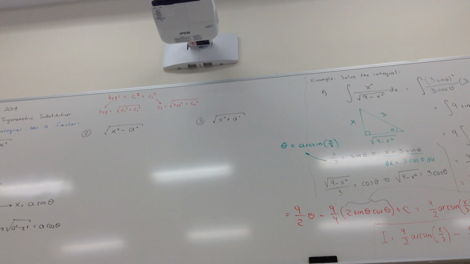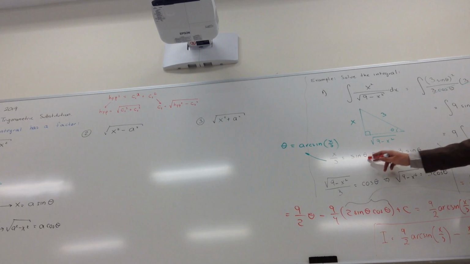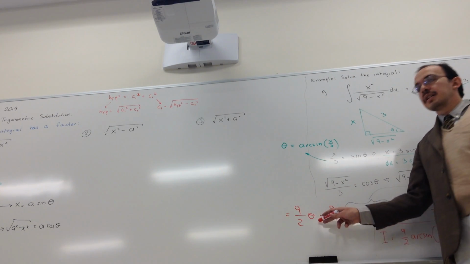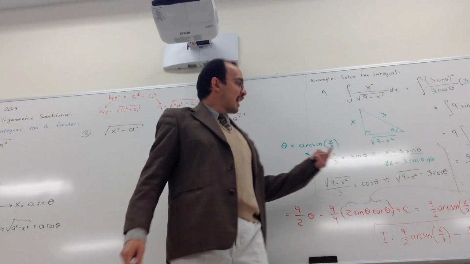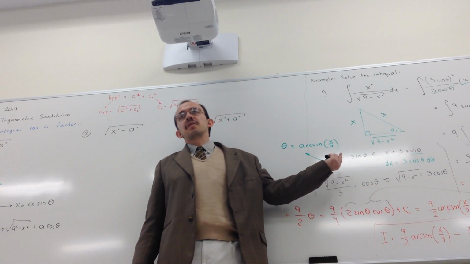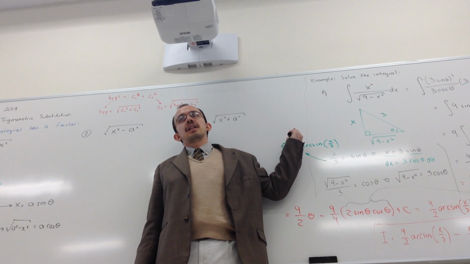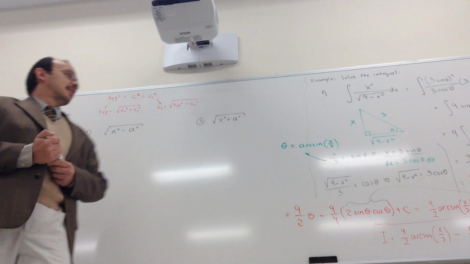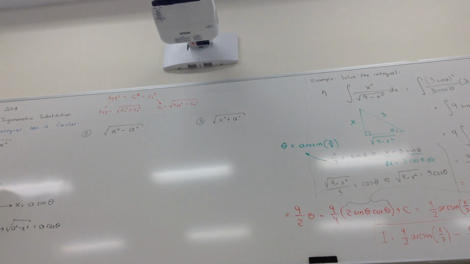No entendí por qué x sobre 3 se volvió arc sine. So I need to isolate theta. I need to get the theta only, not the sine. So how do I get rid of the sine? With the inverse function. What's the inverse function of sine? Arc sine. That's case number 1.